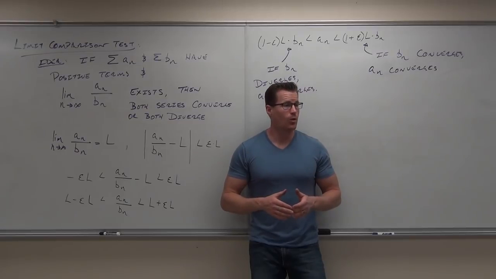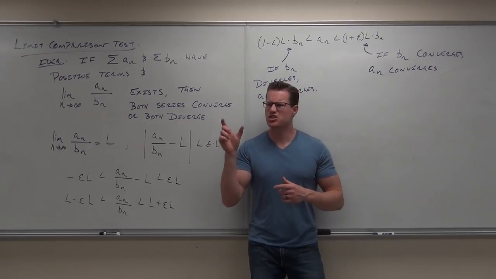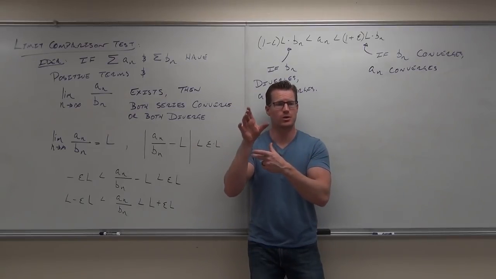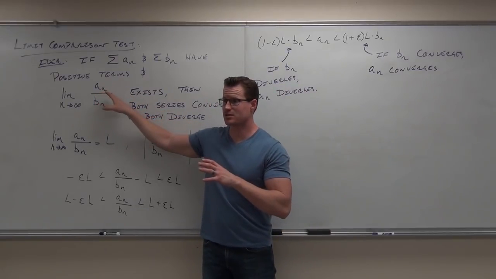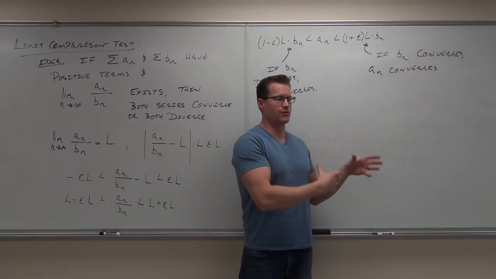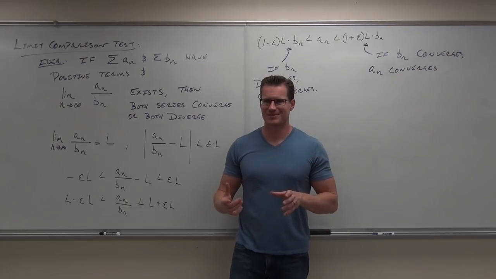Then maybe a limit comparison test would work. This one's so close to the other one, so we take the limit of the ratio of them. If that limit exists, my result will be the same for both series. They will both converge, or they will both diverge. Does that make sense to you?